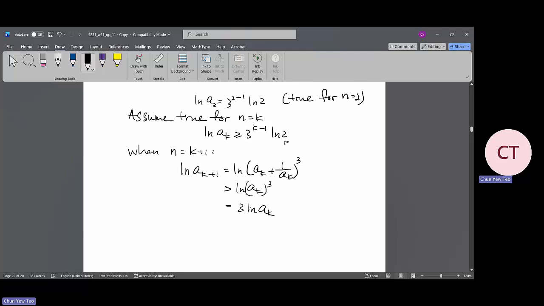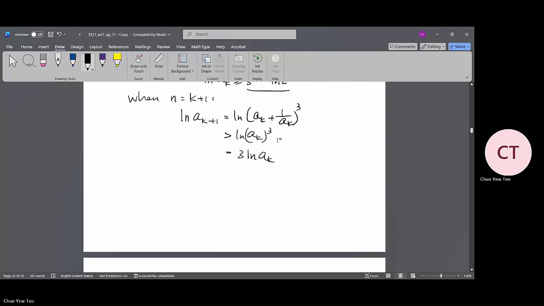And since ln a_k is already greater than this, because ln a_k is greater than 3 to the power k minus 1 ln 2, therefore ln a_(k+1) is actually greater than 3 multiplied by this.